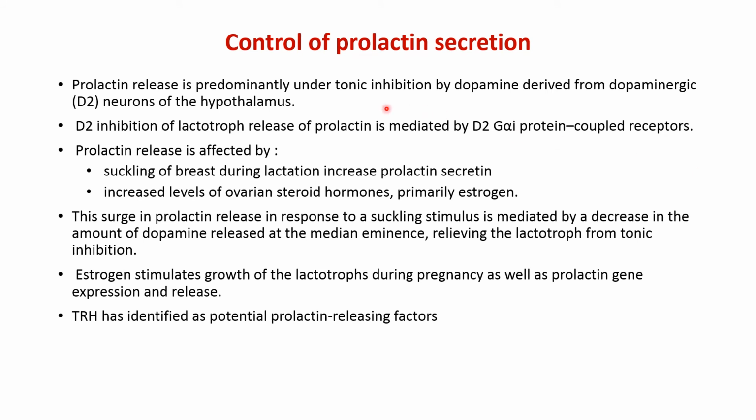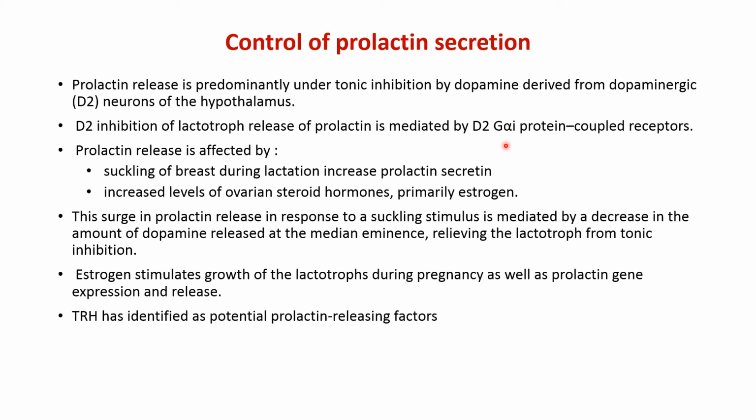Now, the control of prolactin, as I mentioned, is usually under tonic inhibition by dopamine, and apparently dopamine interacts with dopamine D2 neurons, they are called. D2 inhibition of lactotrophs of prolactin is mediated by D2 receptors through a G protein coupled receptor.